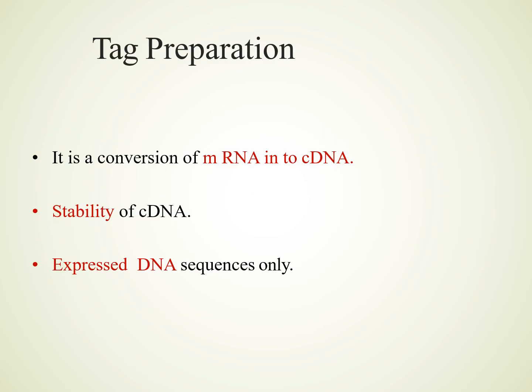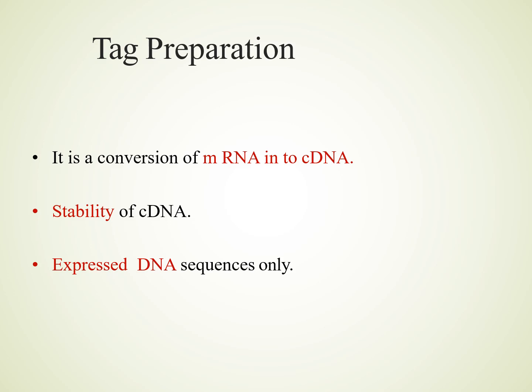Expressed sequence tag preparation. These ESTs are prepared from mRNA, but mRNA is very unstable outside of the cell. Therefore, it is converted into complementary DNA. So the first step is isolation of mRNA and conversion of those mRNAs into cDNA. Now cDNA is much more stable, and importantly, it is generated from mRNA in which introns have been removed.